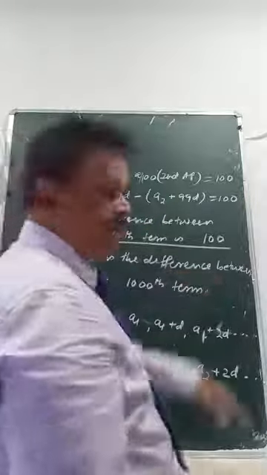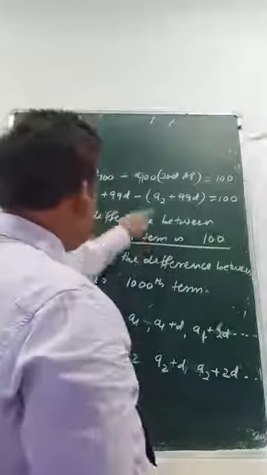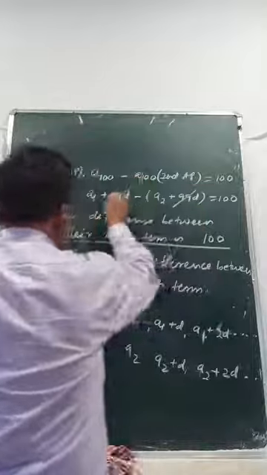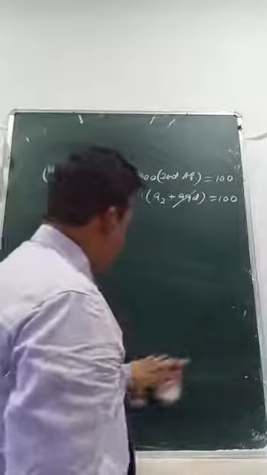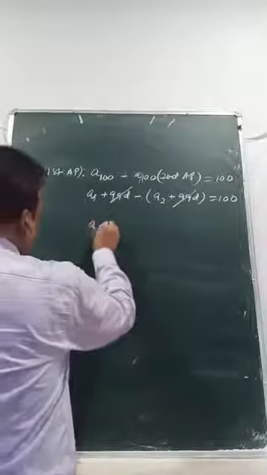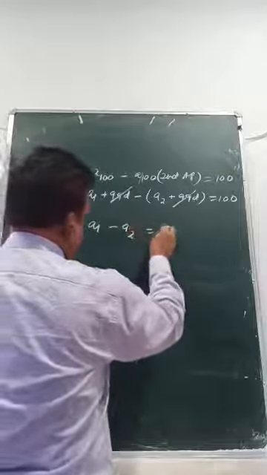But D is the same, only the first term is different, so this is cancelled. Then you are finding A1 minus A2 equals 100.